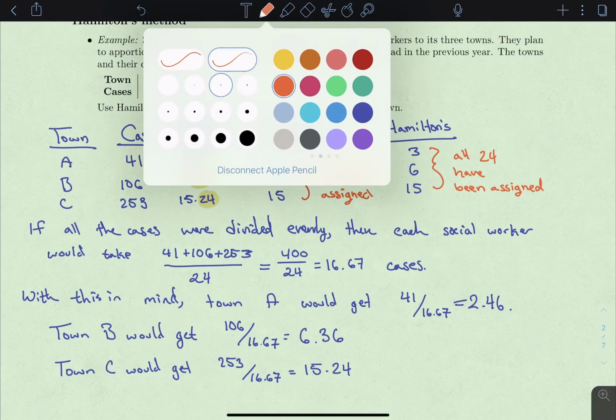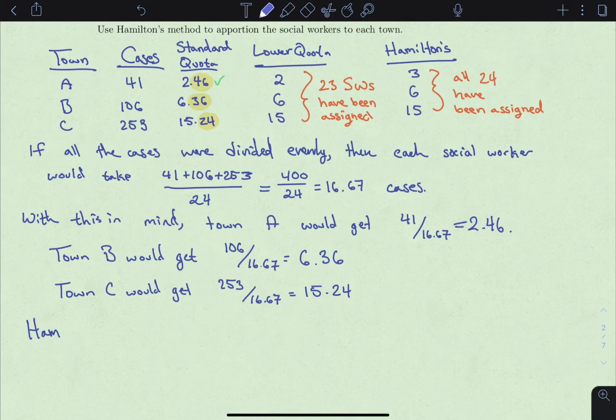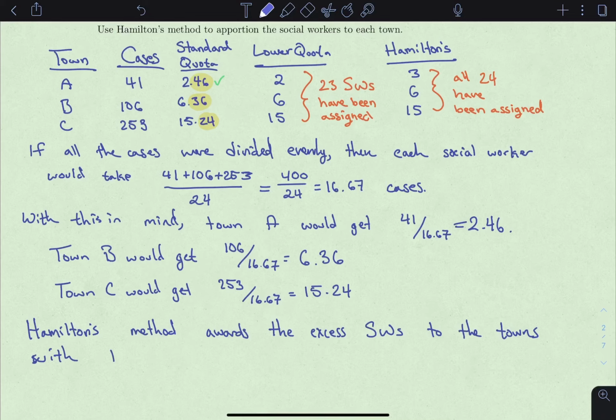So we can write down how that worked out. Hamilton's method awards the excess social workers to the towns with the largest decimals in the standard quota.